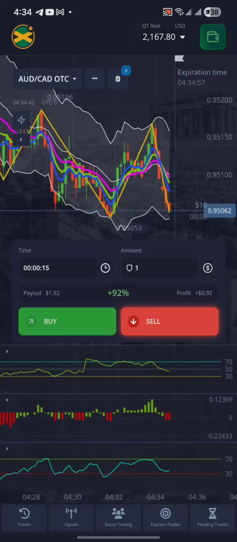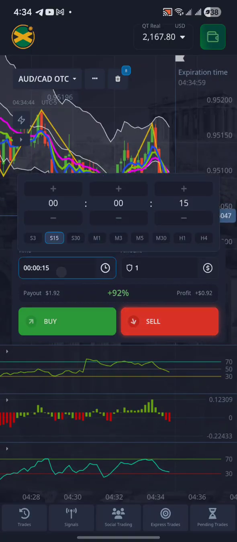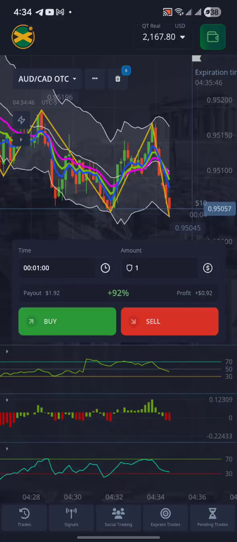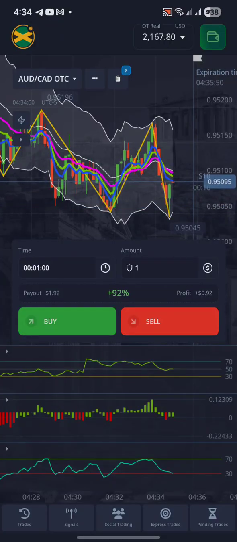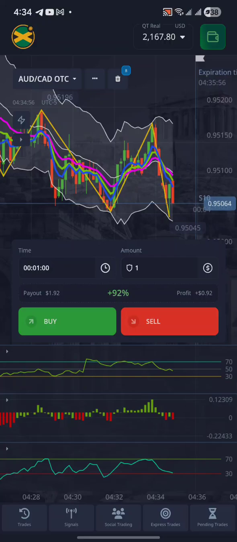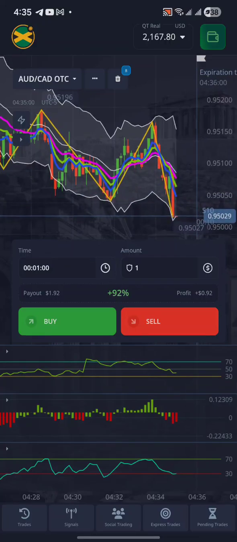Right, I can continue down. It looks like you can form a no wick. Nope, reverse. Alright, it has a strong no wick.